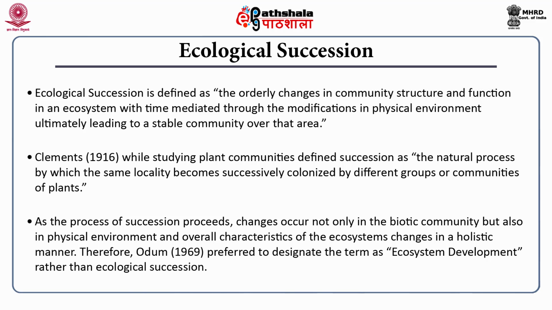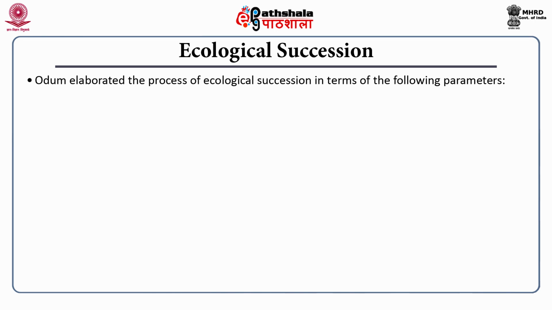Therefore, Odum in 1969 preferred to designate the term as ecosystem development rather than ecological succession. Odum elaborated the process of ecological succession in terms of several parameters. Let me discuss them one by one.